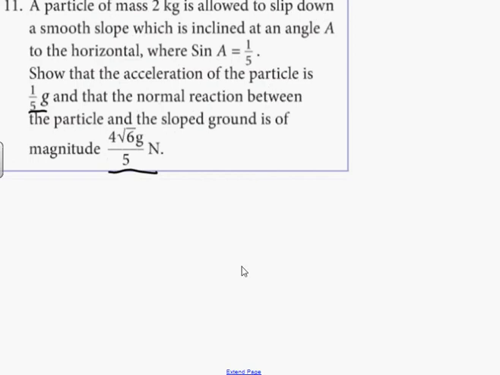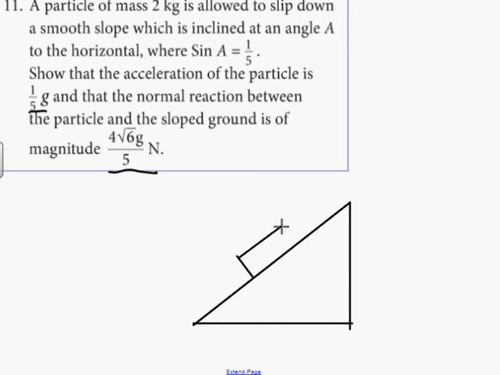So you get yourself your slope like so, and you have a particle which is usually represented by a box like so, and this particle is going to slide down this plane.